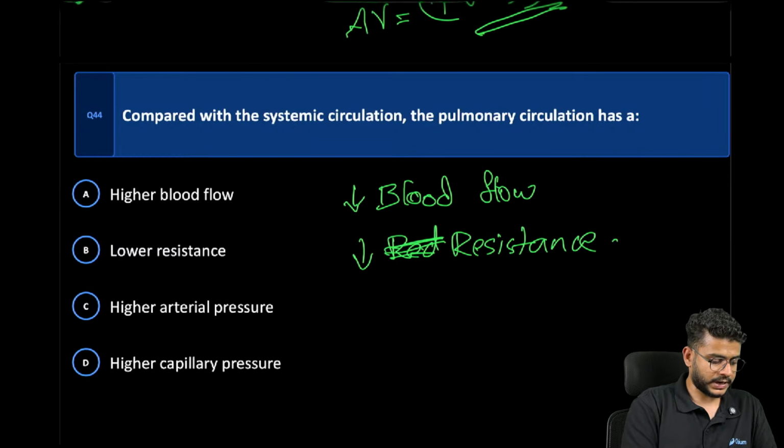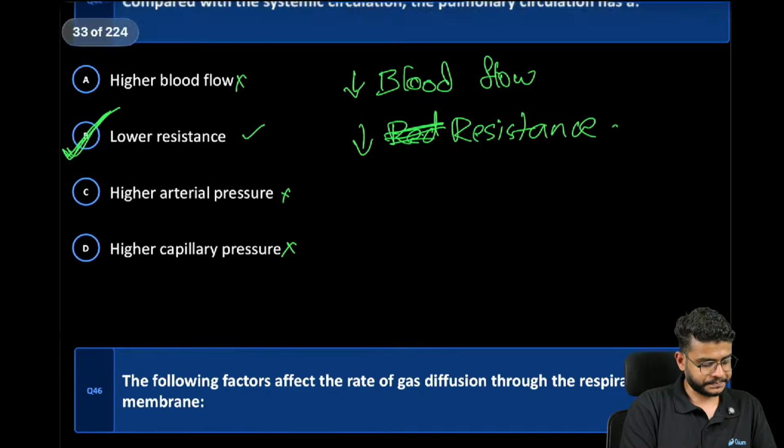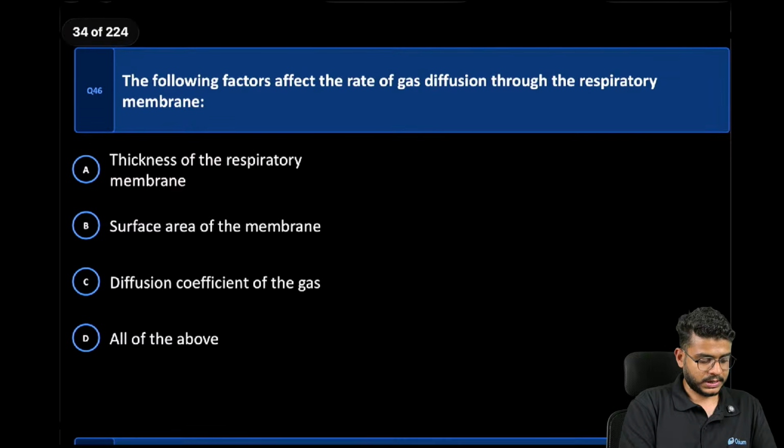So higher blood flow, no. Lower resistance, yes. Higher arterial pressure, no. Higher capillary pressure, no. It has lower resistance and lower pressure compared to the systemic circulation. Okay, let's go to the next question.